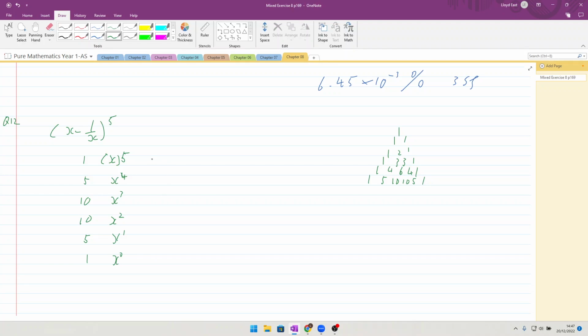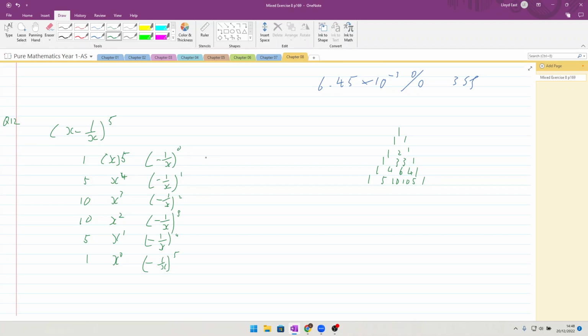And then we're going to have a minus 1 over x to the power 5, 4, 3, 2, 1, and 0.